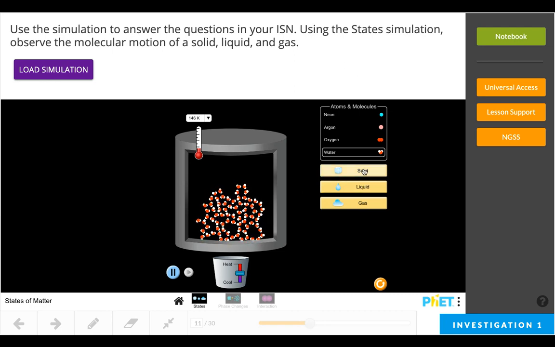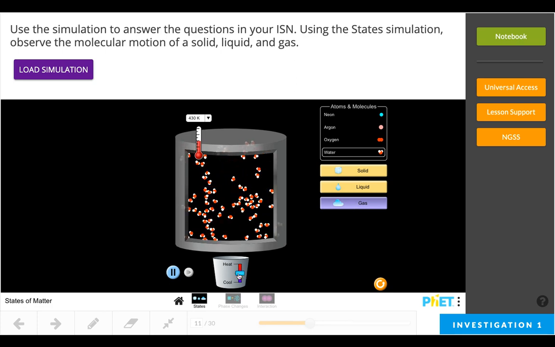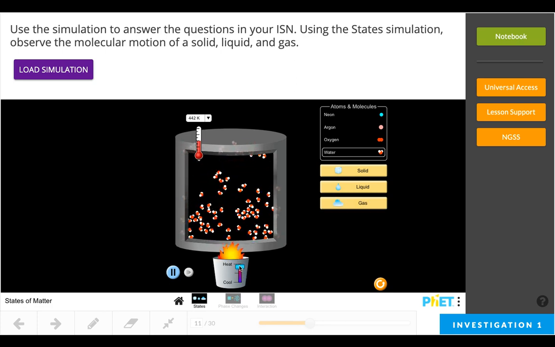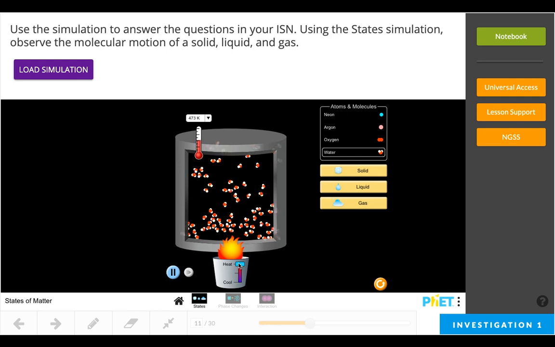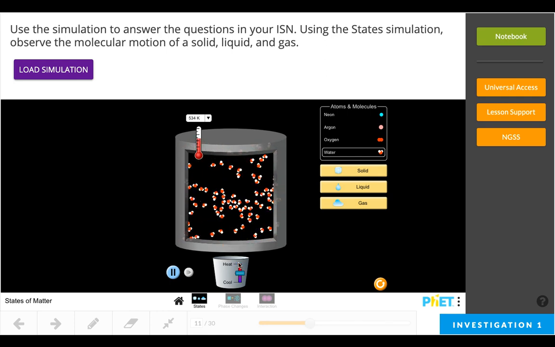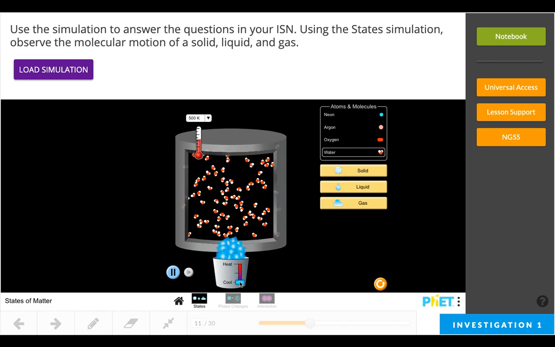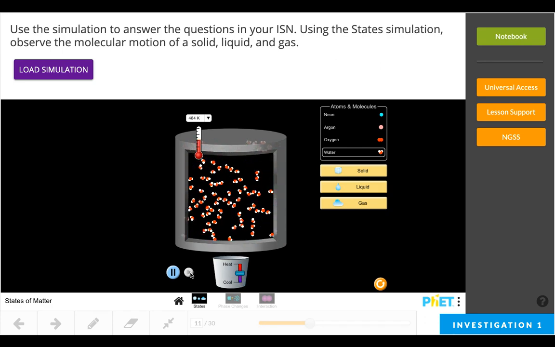You can change from solid to liquid to gas using these buttons. You can also add heat and pay attention to how particle movement changes as you add heat to the different states of matter. You can cool it off, allow heat to leave the substance and go out into the environment.